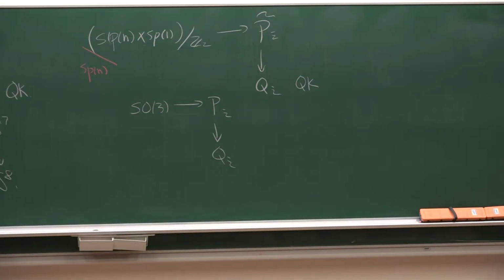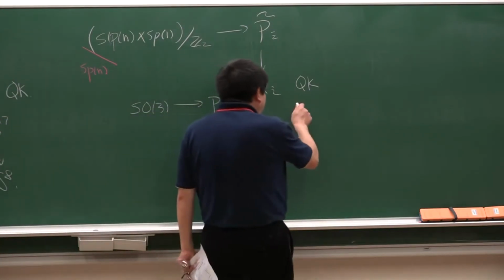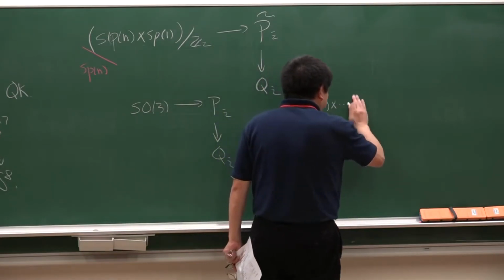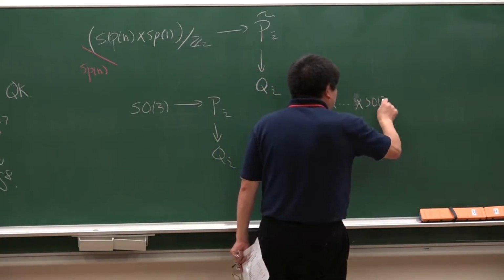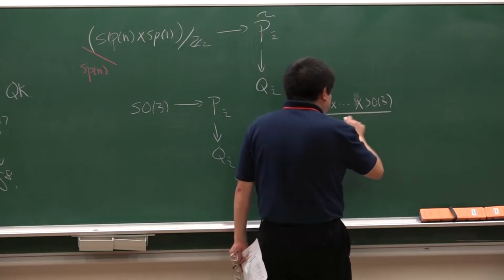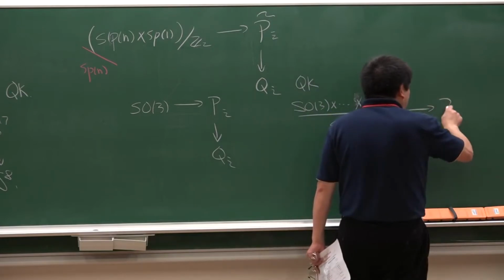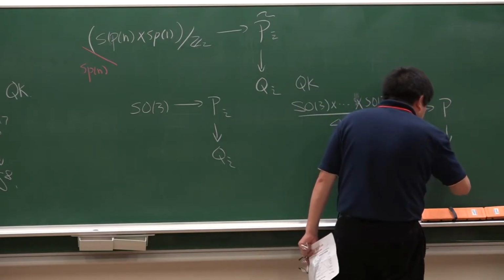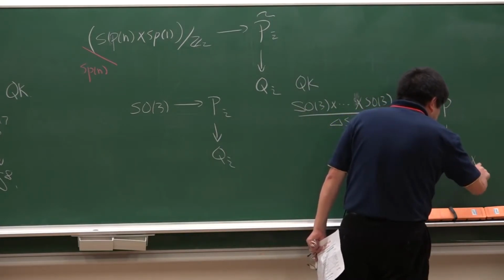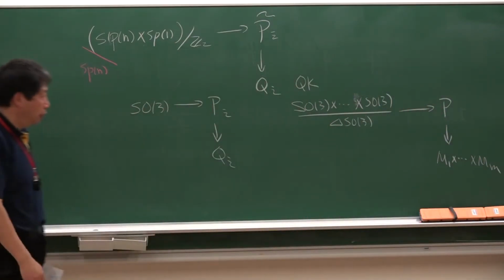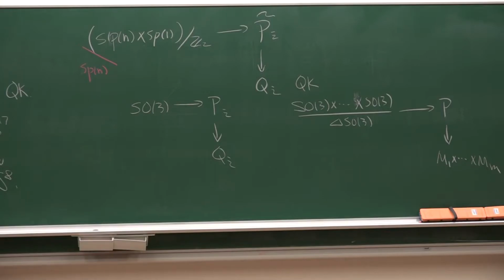So you get these bundles. What we did is we want to use a connection type of metrics on those, take the product of them, then quotient this by diagonals. Then you have a product of quaternion manifolds.